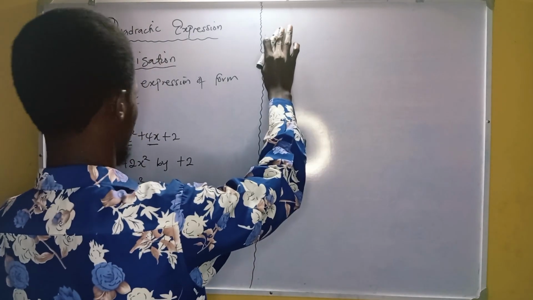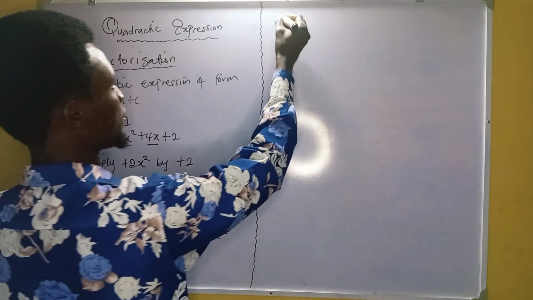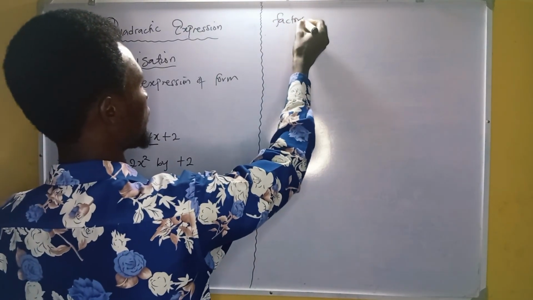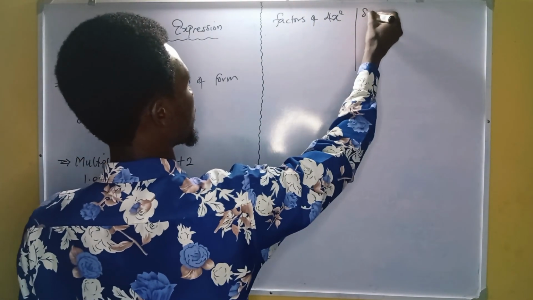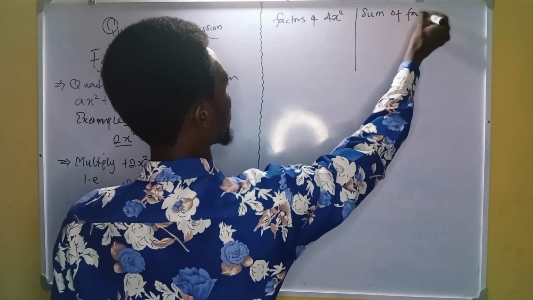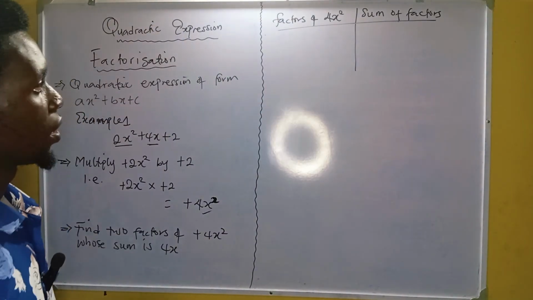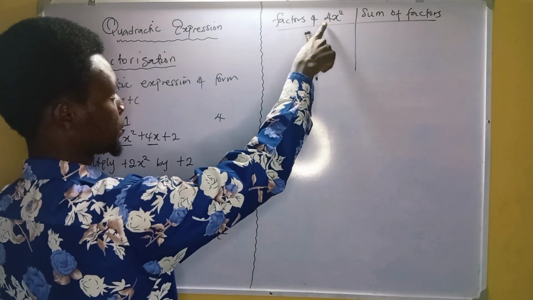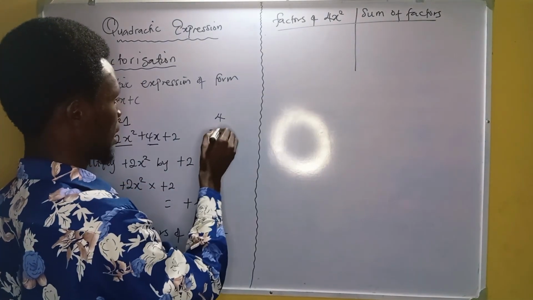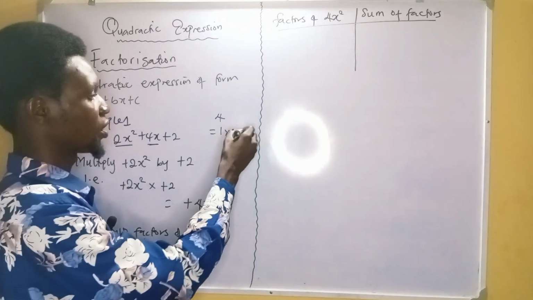So what you do is, for example, creating a table for ourselves, let's create the factors table. So you have factors of 4x squared, and then the sum of factors. Okay, if you're asked to find factors of 4, or to write 4 as a product of its factors, you always have maybe something like this. 1 times 4 is still 4.